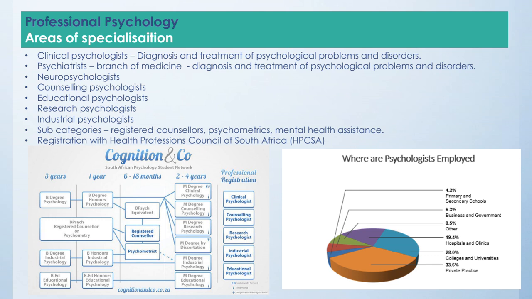You have counseling psychologists, educational psychologists, research psychologists, industrial psychologists, and you can see the field is vast. As we unpack it more, you might find more or different areas that interest you, and there's a little diagram showing where different psychologists are employed. So again, it's just a taste of where this can take you.